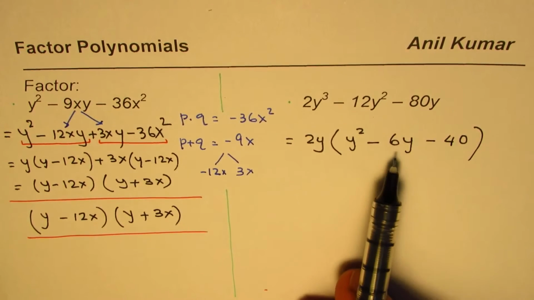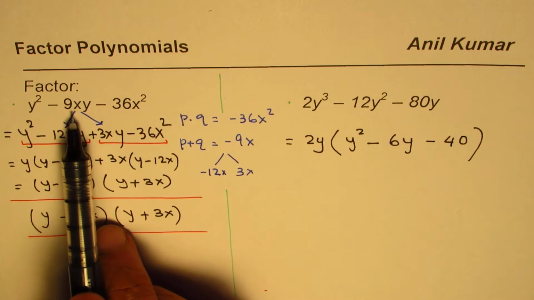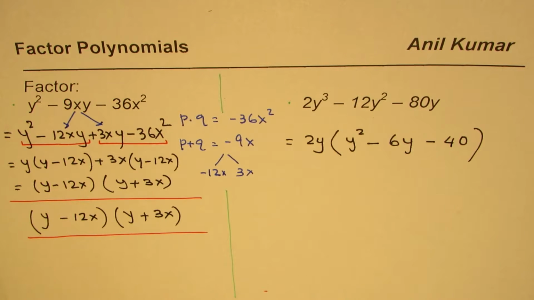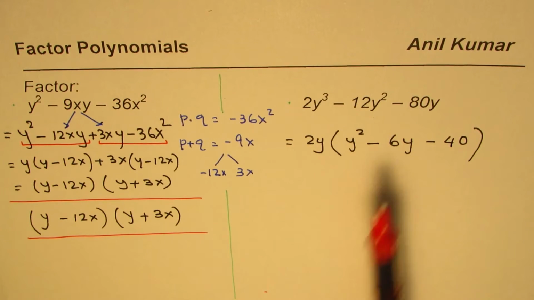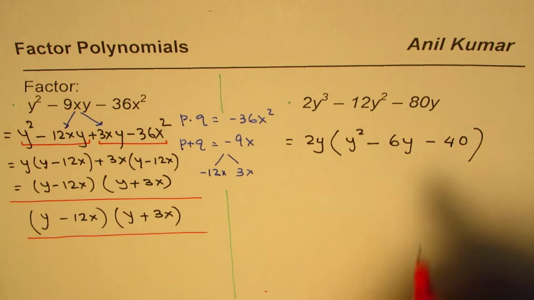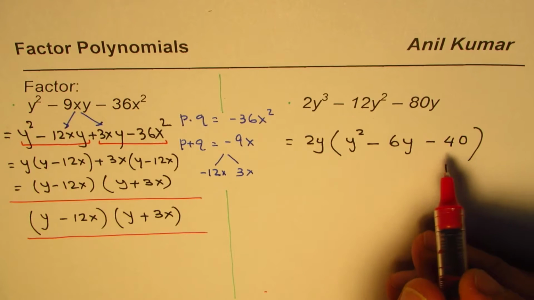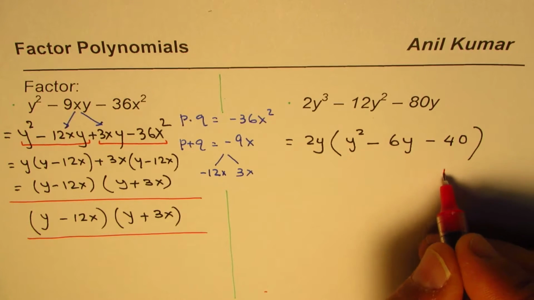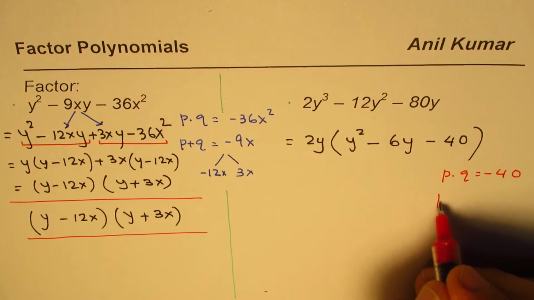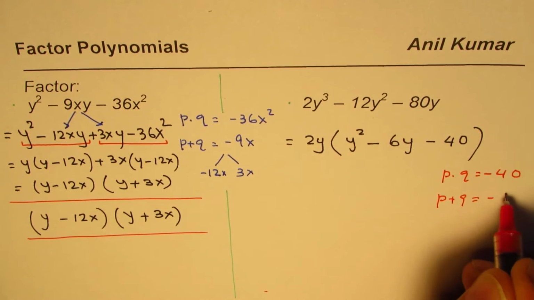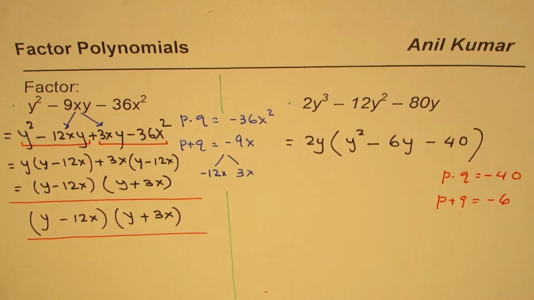Now that is a quadratic equation which is very similar to what we started with. So I'd like you to pause the video, solve it further, right? Solve it further. So what are we looking for here? We are looking for product of two numbers p and q equals to minus 40 and their sum as minus 6, right? So you can look for all possibilities.